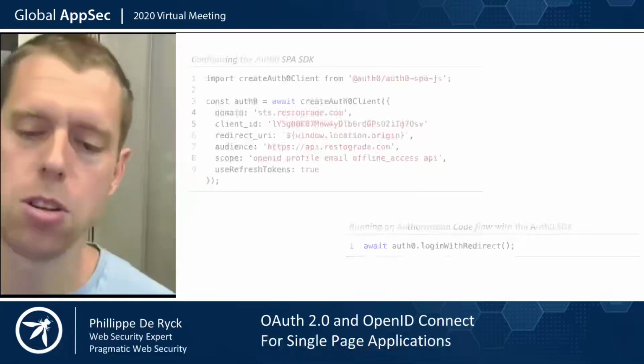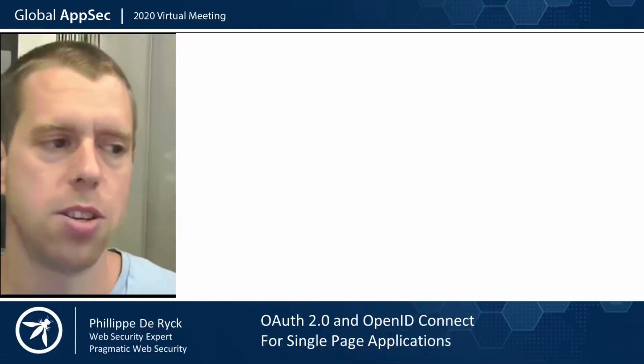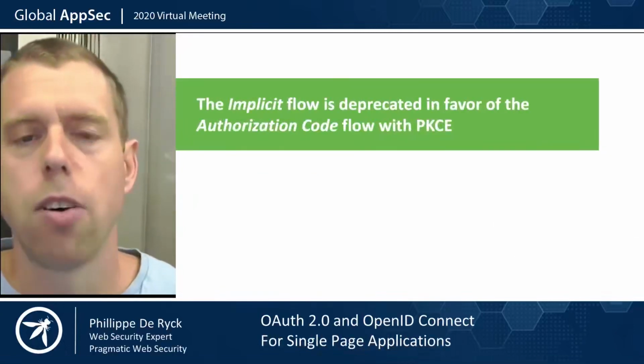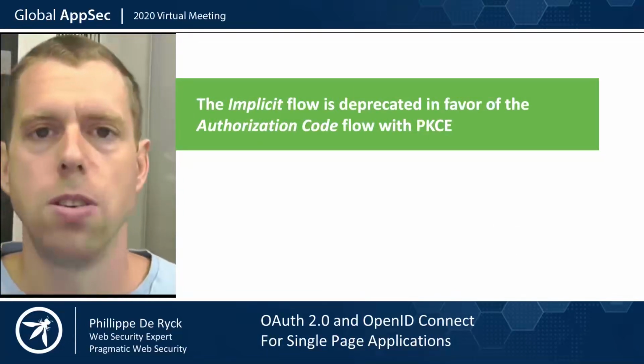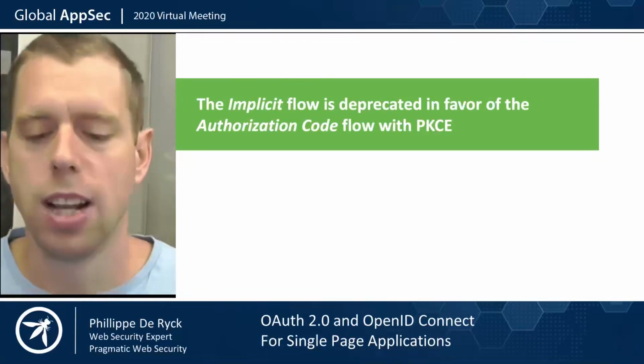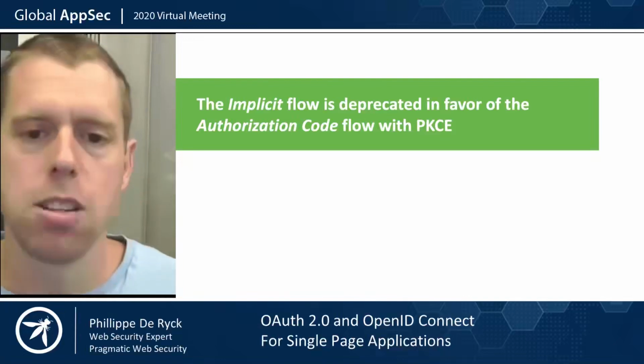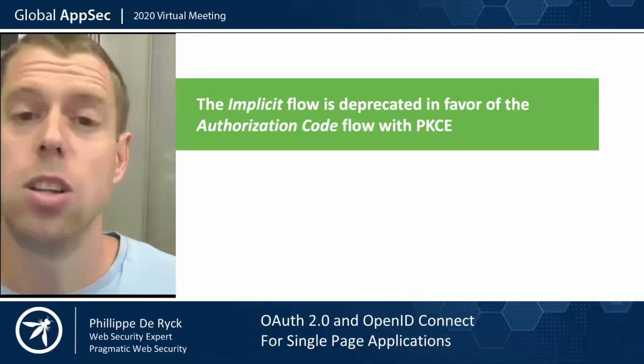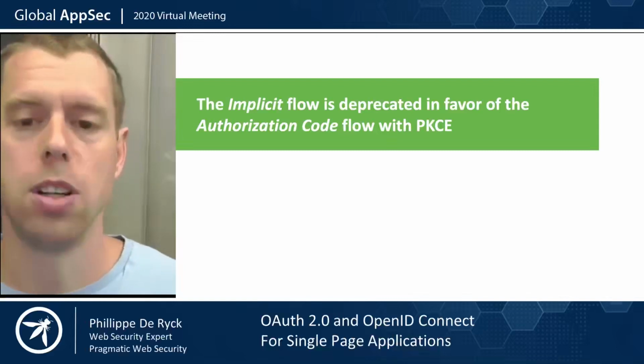And that brings us to the first takeaway in this presentation. The implicit flow is deprecated in favor of the authorization code flow with PKCE. That's a very important realization. This doesn't mean that the implicit flow is broken or more broken than it was a year ago. That is not the case. There's no new vulnerabilities.